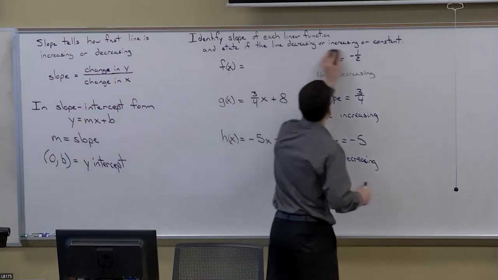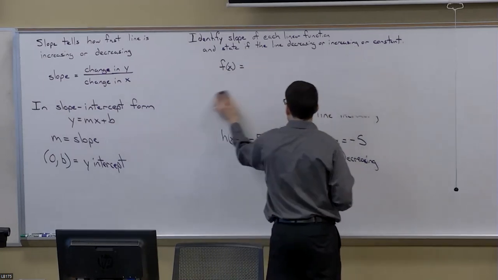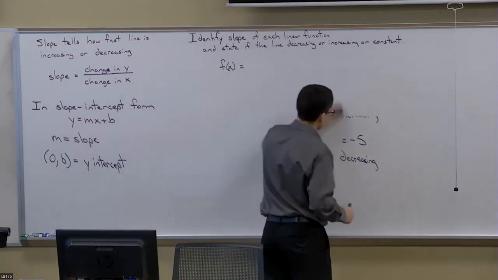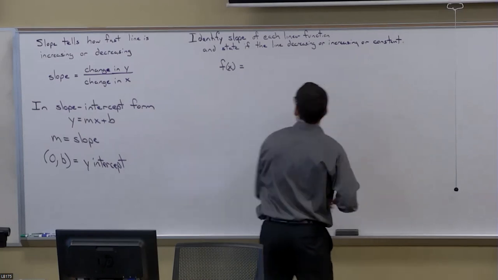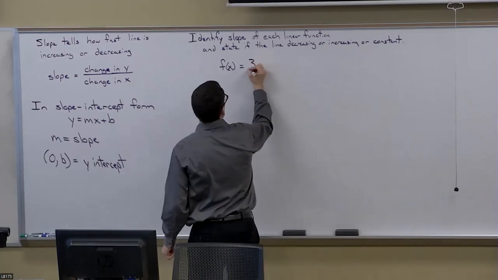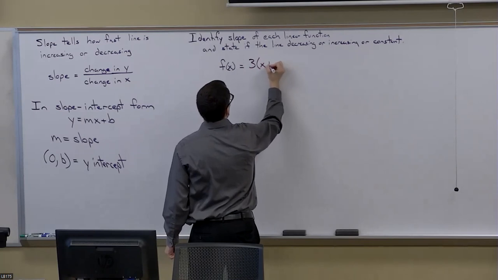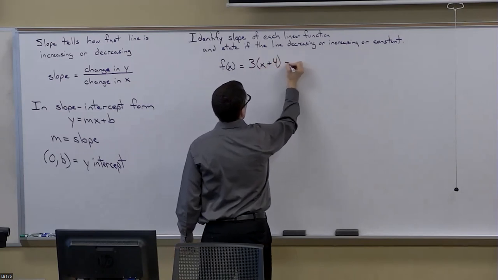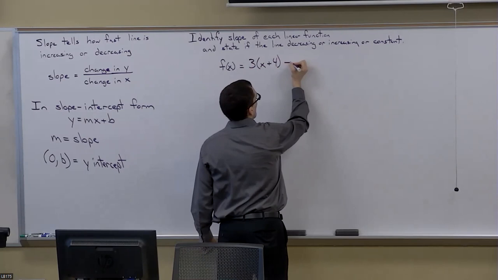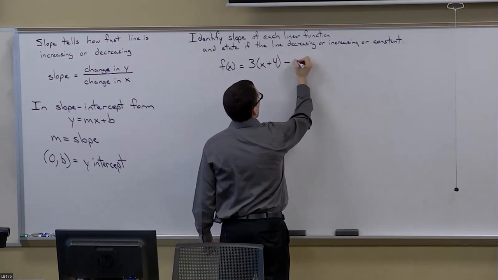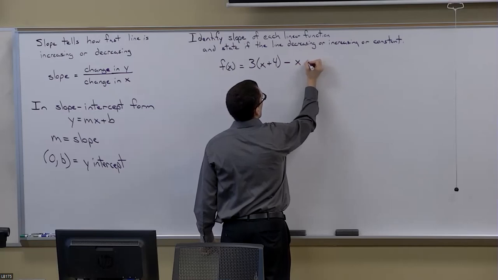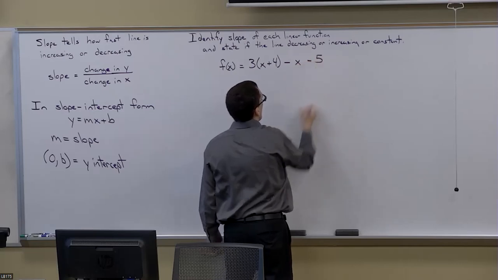So for instance, let's say I have 3 times x plus 4 minus x minus 5.